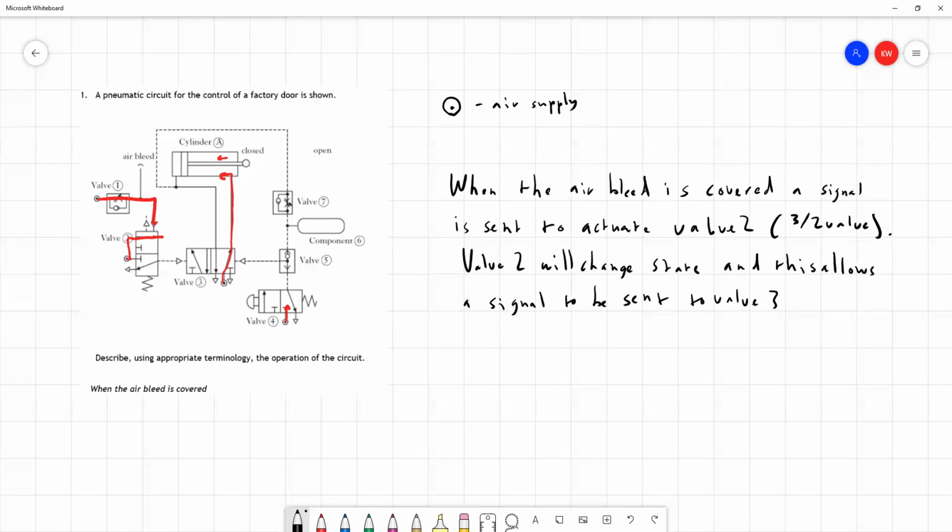And this allows a signal to be sent to valve 3, because what's happening here is we've now got signal coming in on the left-hand side of valve 3, and the arrow indicates that this is pilot air, so even if valve 2 is only on briefly, it would be enough, but if it's kept actuated in the on state, that will of course keep valve 3 switched over.